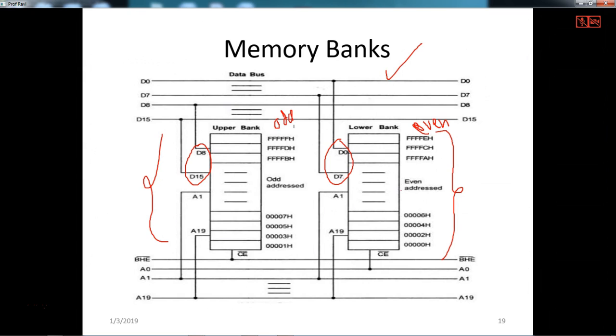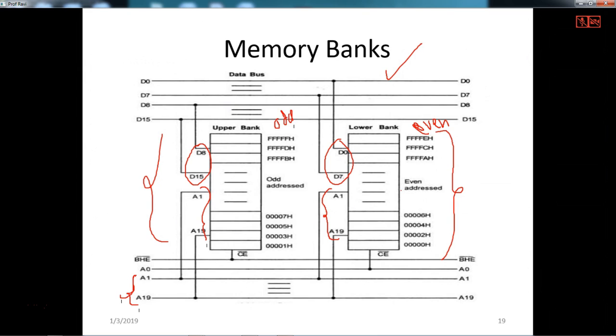So what we do, the address lines of this and the address lines of this, A1 to A19, we will give it to A1 to A19 of the processor. So interfacing means how you are connecting, you should know.